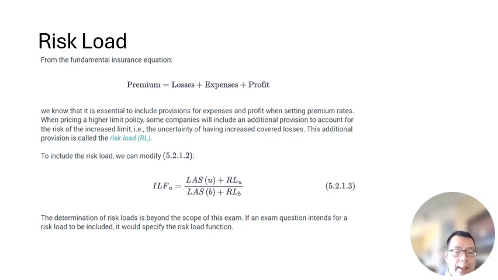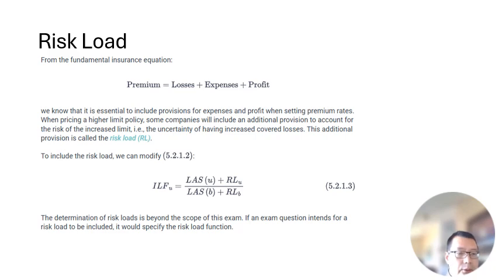When pricing a higher limit policy, some companies will include an additional provision to account for the risk of the increased limit, that is, the uncertainty of having increased covered loss. This additional provision is called the risk load, RL.